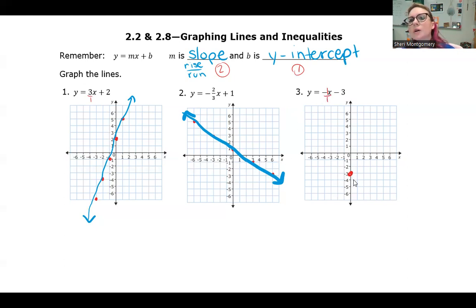So I'm going to go down 1 and over 1, and I'm going to keep doing that until I run out of graph this way. And then I will go up 1 over 1 to make my graph that way.